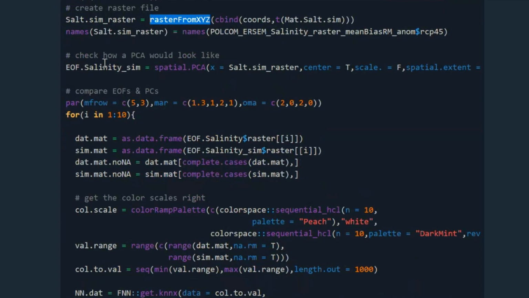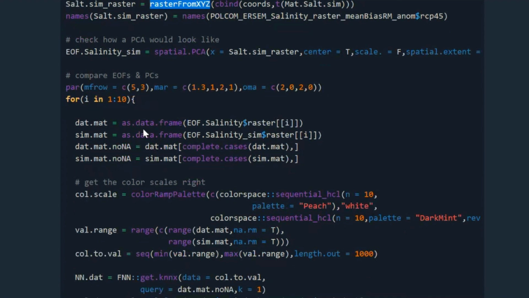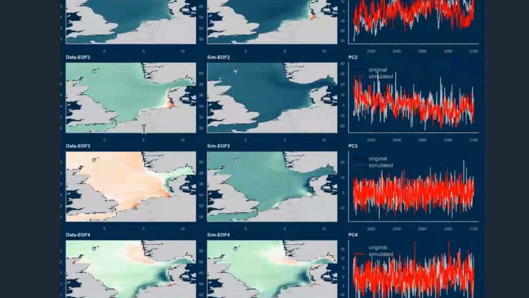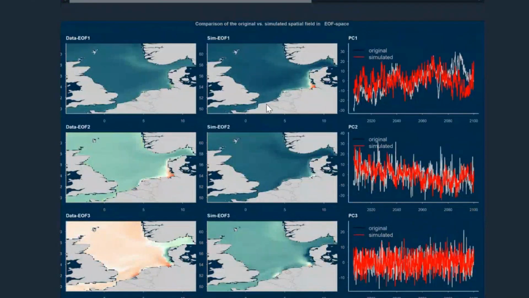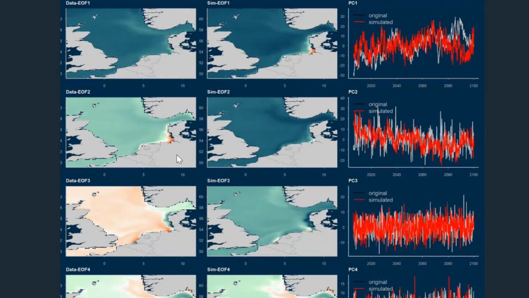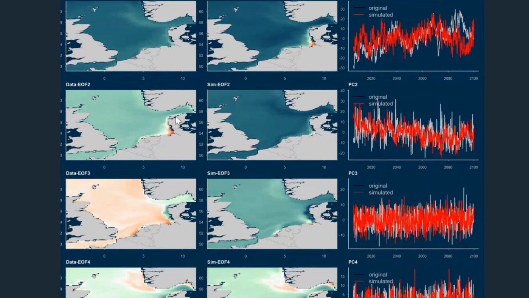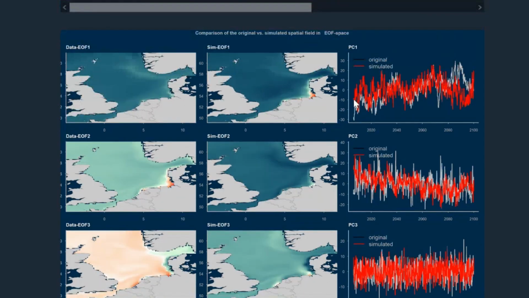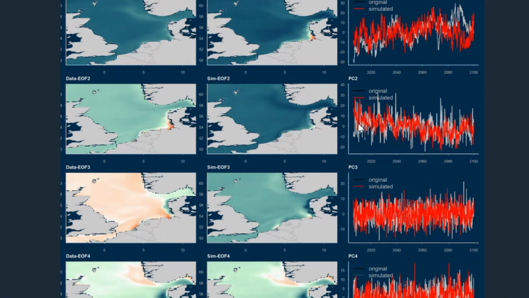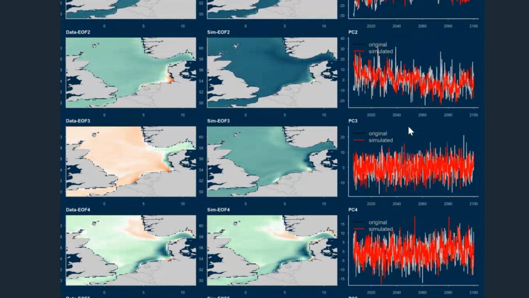And then we want to look at how a PCA on the simulated data would look, and we can compare it to our original data. And that's what I do here. We have 5 minutes left, so I will just quickly go over it. The simulated EOF pattern is closely related to the original one. There are some discrepancies, right? But also the PCs, the original and the simulated ones, look quite okay in terms of stochastic behavior.